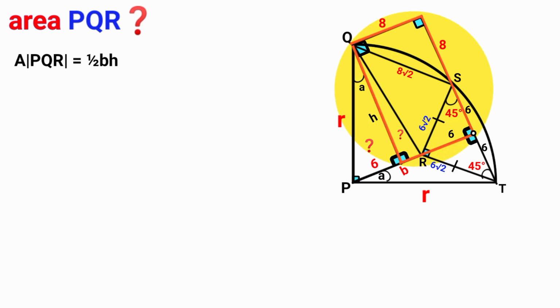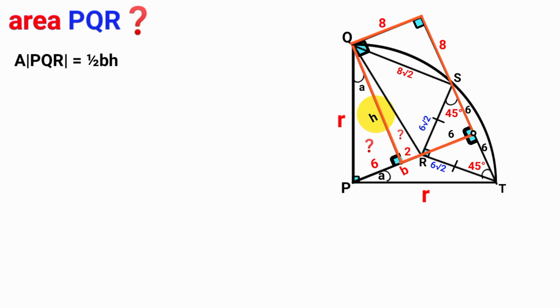Now look at this quadrilateral. Since all 4 of its angles are right angles, that means it is a rectangle. Opposite sides of a rectangle are equal in length. That is, this side and this are congruent, and this are also congruent. Since this is 8 units in length, and this is divided into two segments, one of which is 6 units, this will be 8 minus 6, which is 2.